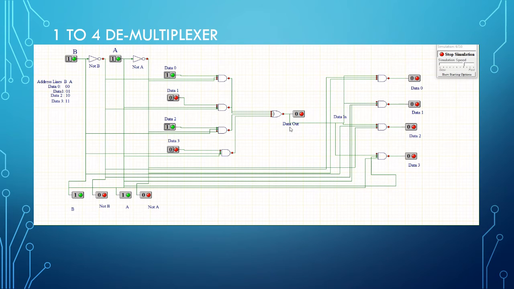Let us now look at a 1-to-4 demultiplexer, which will take the data from the 4-to-1 multiplexer and recover it at its output.